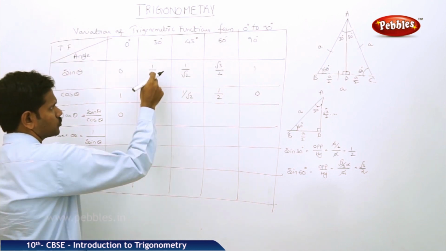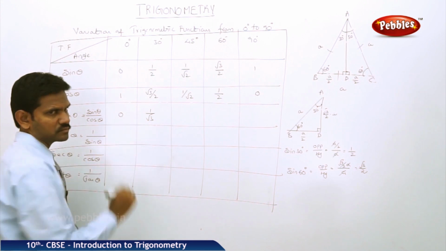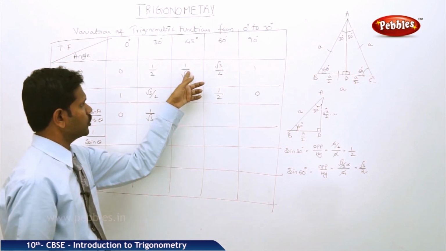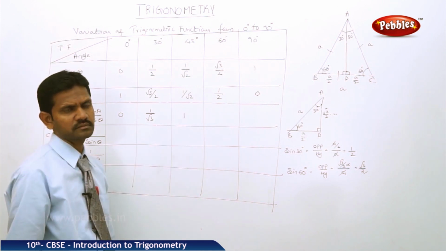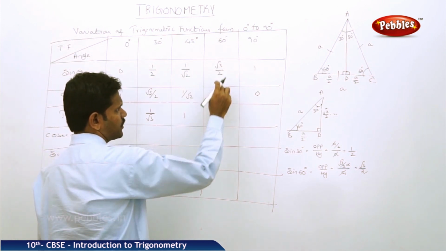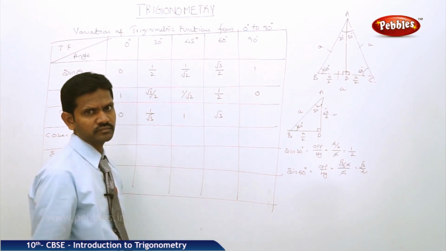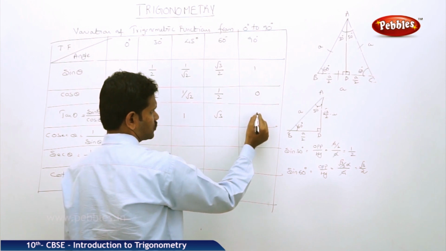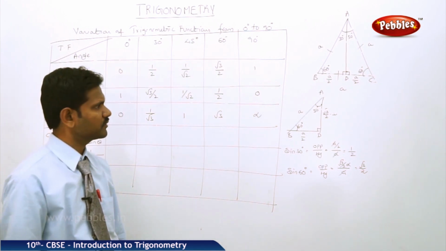If you divide these two, the denominator 2 gets cancelled, 1 by root 3. Both parts are the same, so if you divide, you will get 1. Again here the denominators are the same, 2 gets cancelled, you will get root 3. 1 by 0 we cannot define. If the denominator is 0, that value we cannot define.